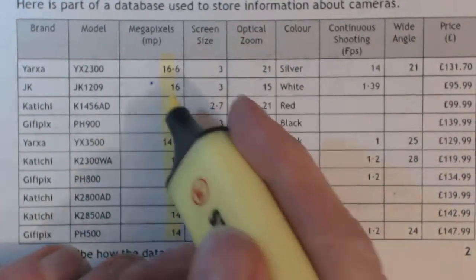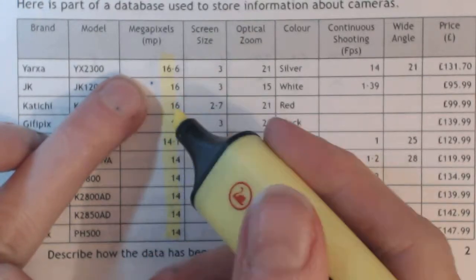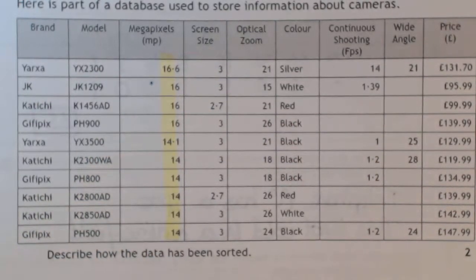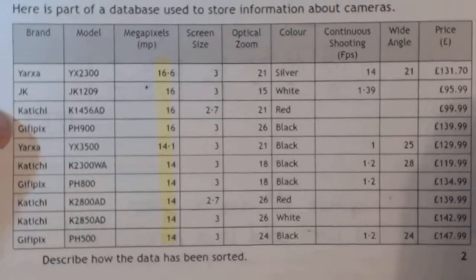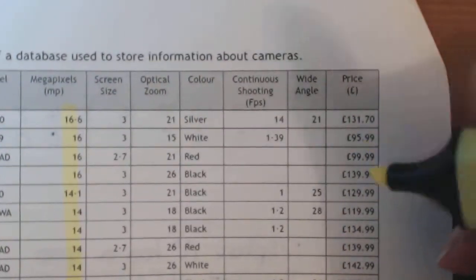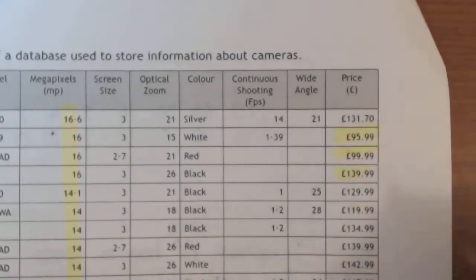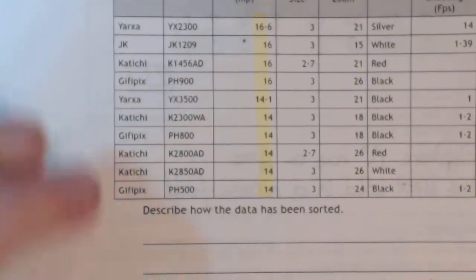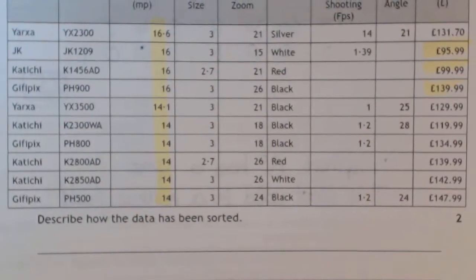If you look at, say, the ones at 16, what you'll probably find is even the prices are sorted as well. So these prices are actually sorted. If you look at 14, look at the prices there. I'll just try and change the focus.